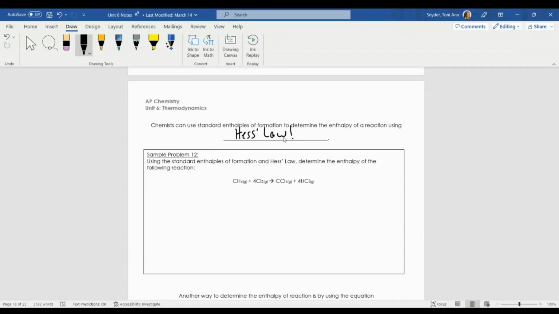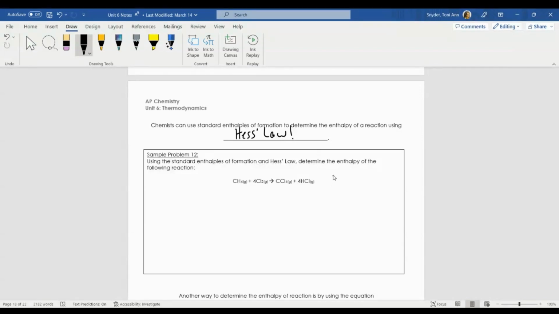So unfortunately, hopefully I gave you this paper already so you could use this, but otherwise you might not have it yet. So I'll just have to tell you what these enthalpies of formation are. So let's do sample problem 12. Using the standard enthalpies of formation and Hess's law, determine the enthalpy of the following reaction.